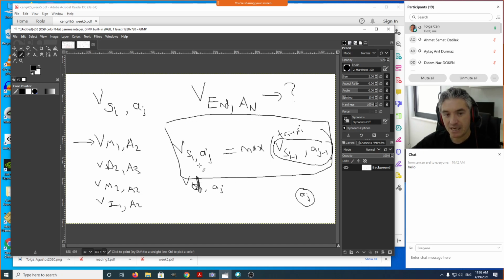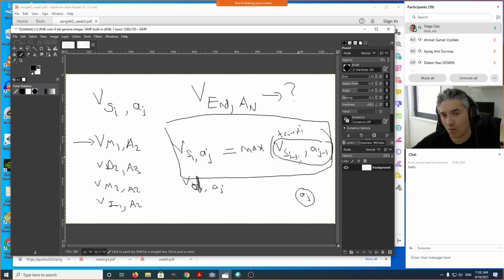It's saying that the probability that ends at state Si, with the last symbol observed being Aj, is the maximum over all previous states that could precede Si.